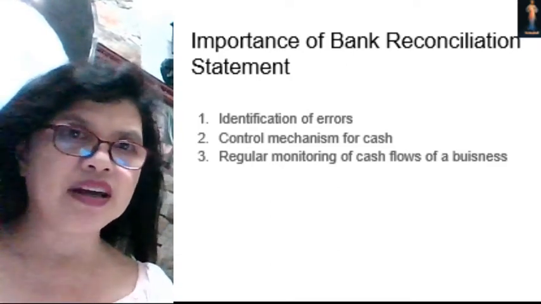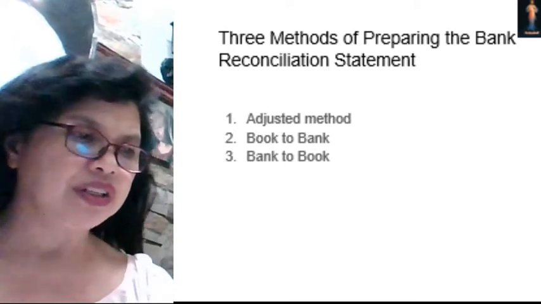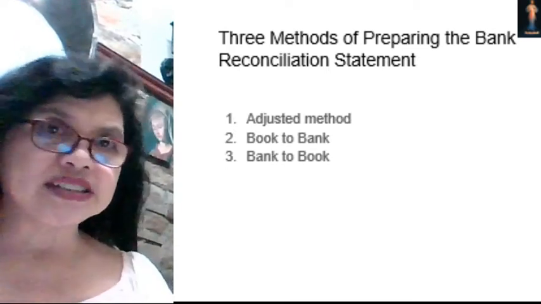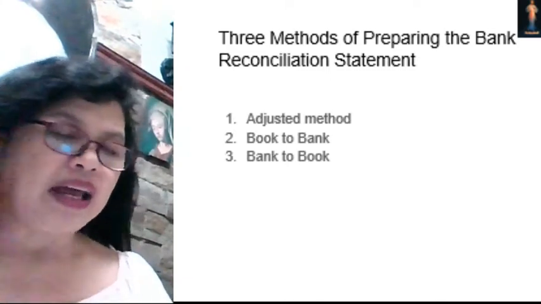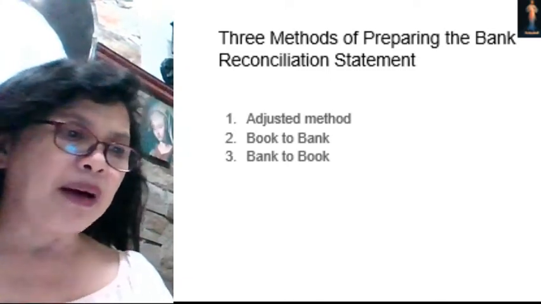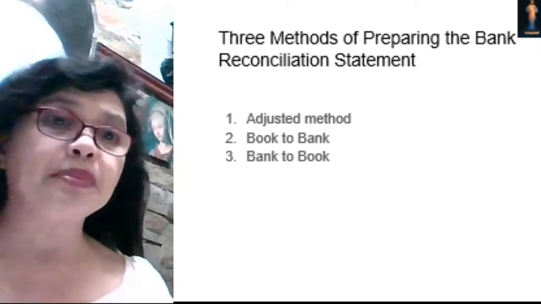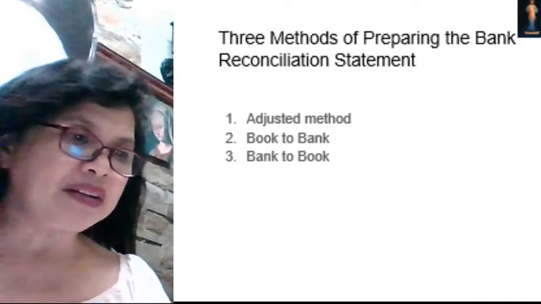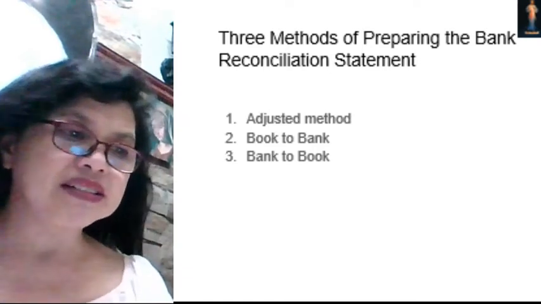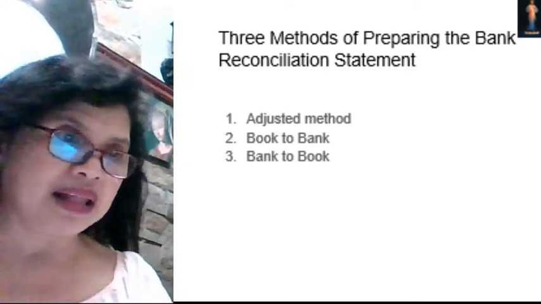Then we also have the three methods of preparing the bank reconciliation. We have the adjusted method, the book to bank, and the bank to book. Okay, in the adjusted method, the balances per bank and the balances per book are separately determined. When we say book to bank method, the book balance is adjusted to agree with the bank balance.